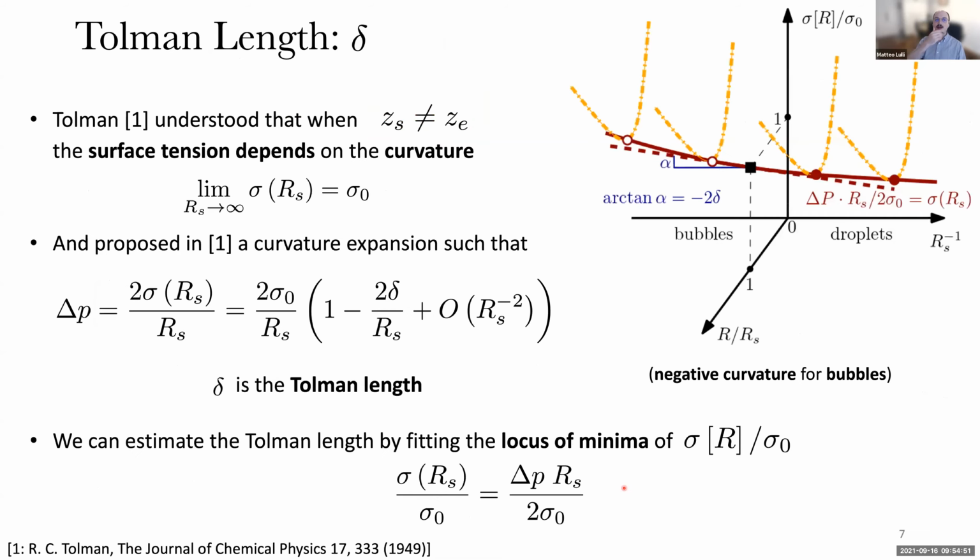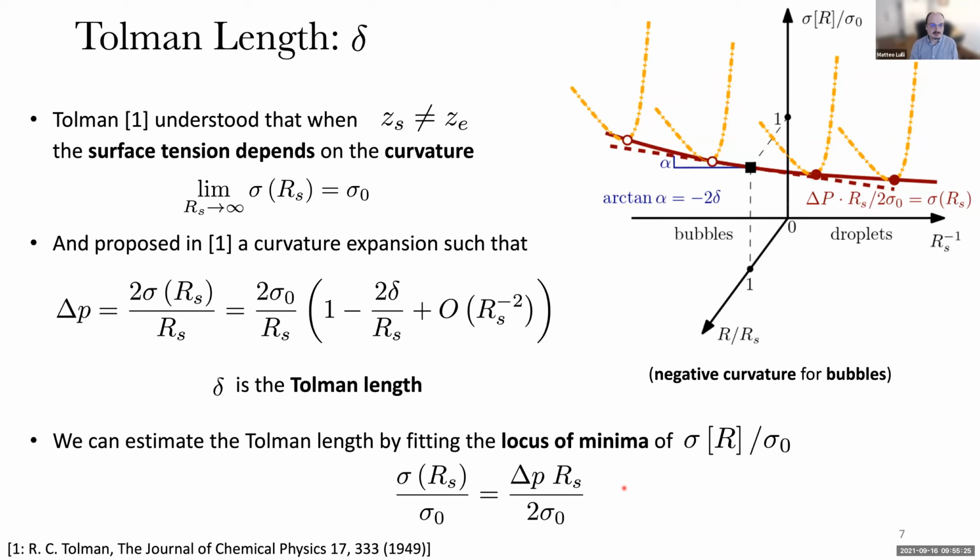So let's go to the Tolman length. Now that we know that there are different concepts of dividing surfaces with different physical roles, we can begin to understand the idea that Tolman proposed in 1949, quite some time ago. Given that the surface of tension and the equimolar surface of the flat interface differ, this implies a dependence of the surface tension on the curvature of the surface.